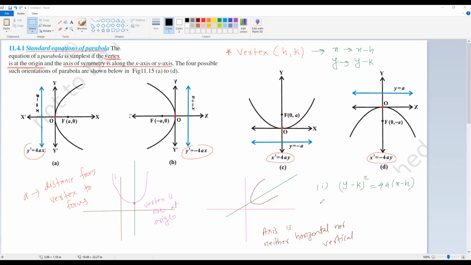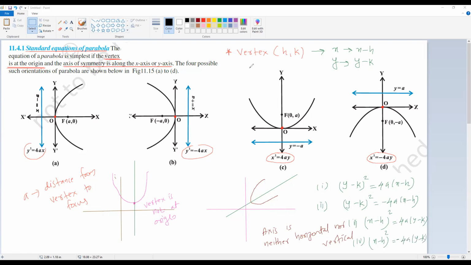That's all the difference. Second case में हो जाएगा y minus k the whole square is equal to minus 4a into x minus h. Third case में हो जाएगा x minus h the whole square is equal to 4a into y minus k. And fourth case में हो जाएगा x minus h the whole square is equal to minus 4a into y minus k.